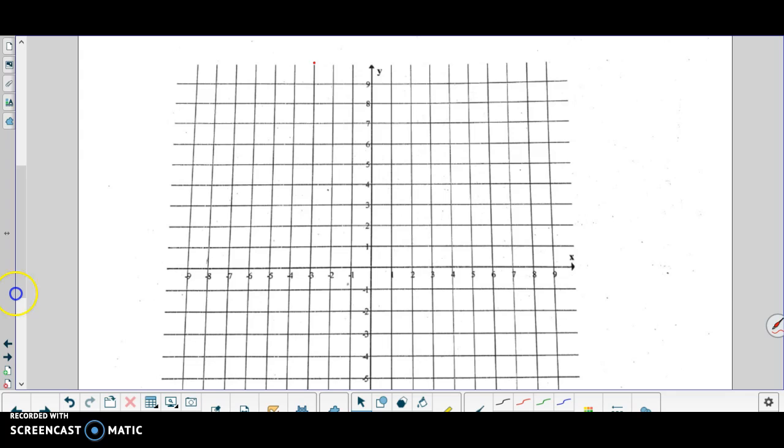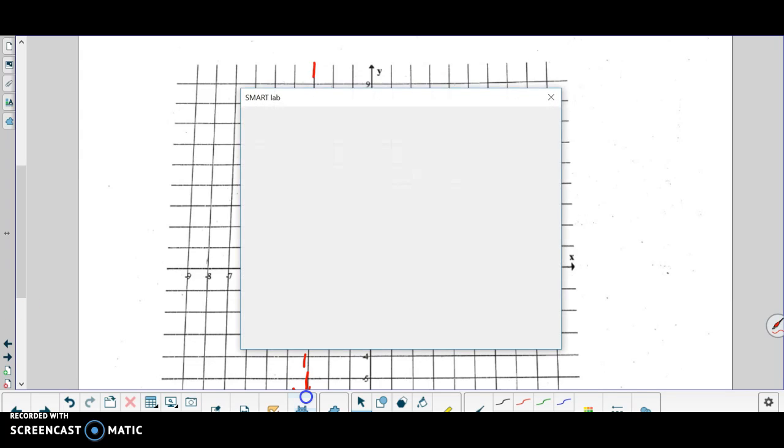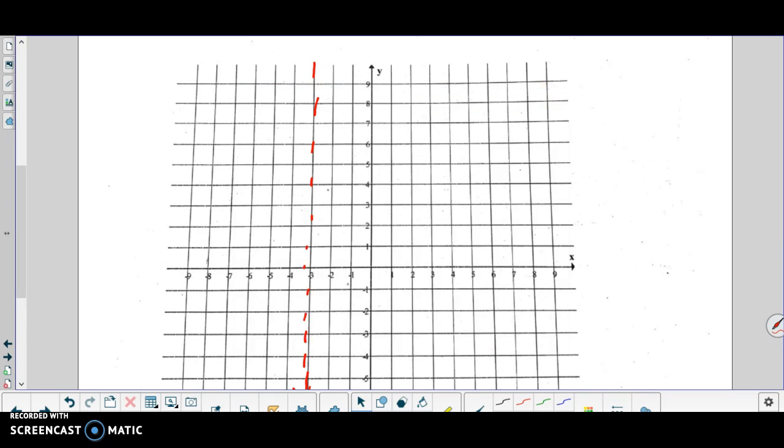At negative 3 I have a vertical asymptote, and at positive 3 I have another. I got 2 this time, so I am drawing 2 of them. If I had 3, you would draw 3 of them.